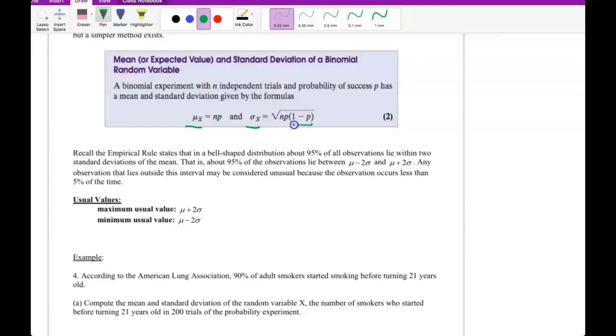This 1 minus p is q, or probability of failure. And this p was probability of success.